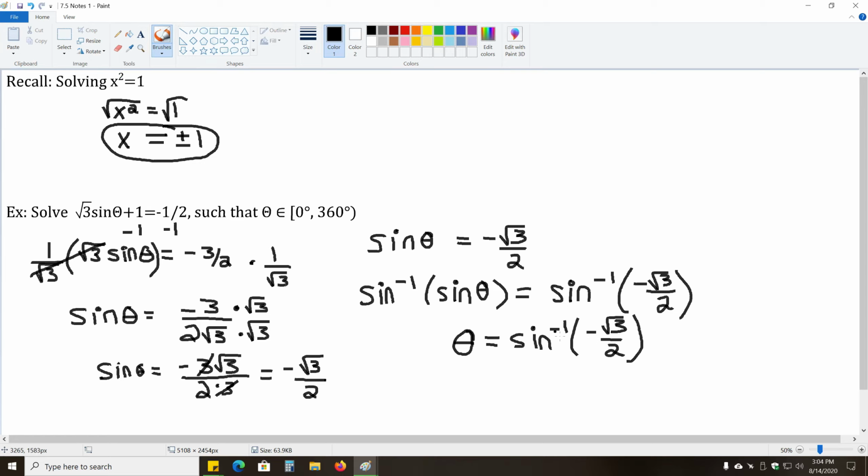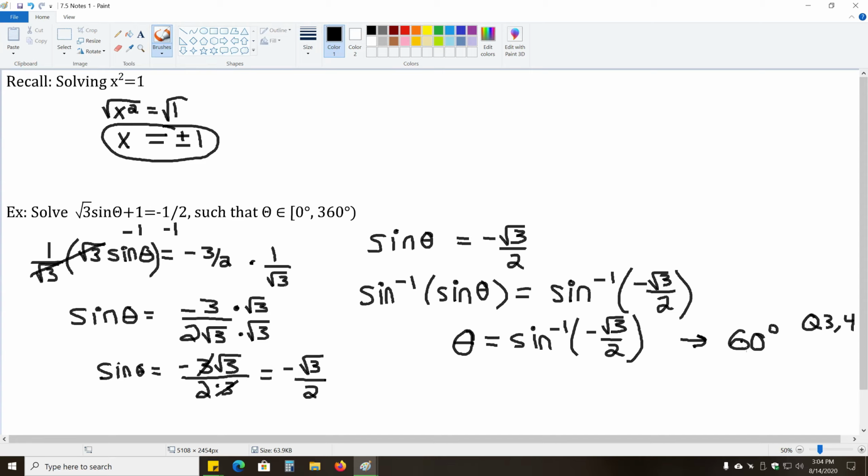What's sine inverse of the square root of 3 over 2? Well, that's 60 degrees. And now, because we know it was negative, where is sine negative? That's in quadrants 3 and 4.